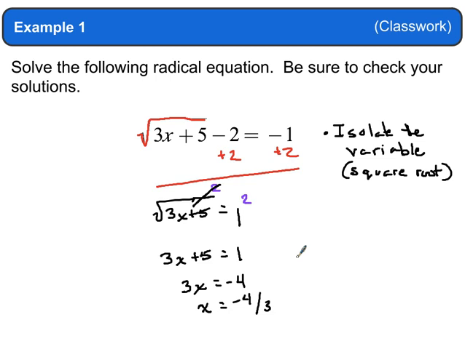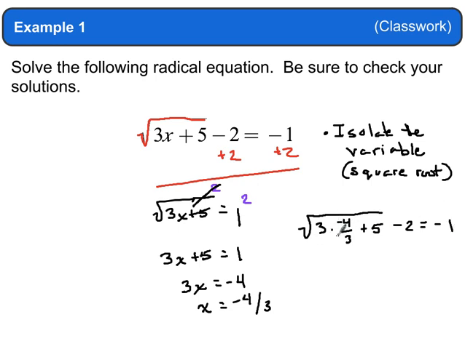Again, with any of these, you want to check that it works. So you would come over here to the side and say the square root of 3 times negative 4/3 plus 5, and yet minus 2 behind the radical. You want to see if it does actually equal negative 1.